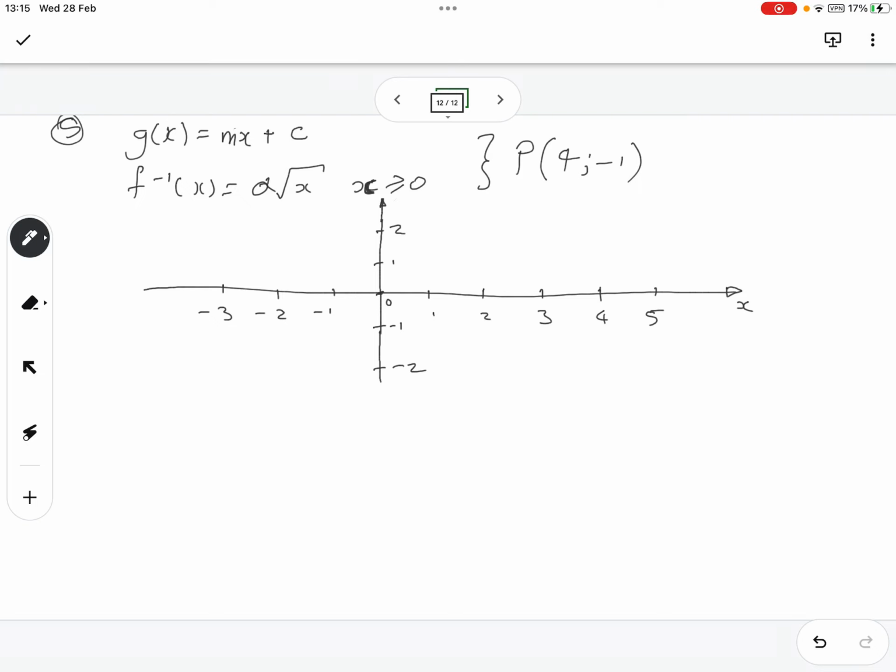That's the point 0, 0. At 4, -1, we've got where they both intersect, and we must find the values of a, c, and m.